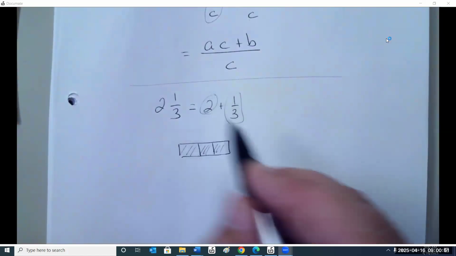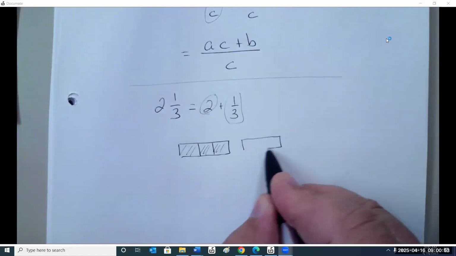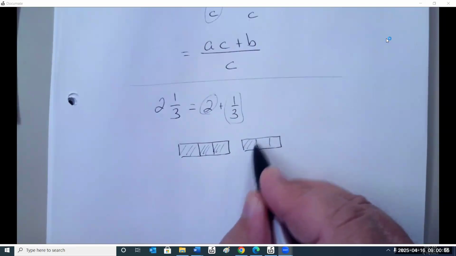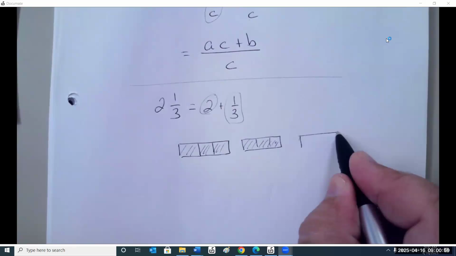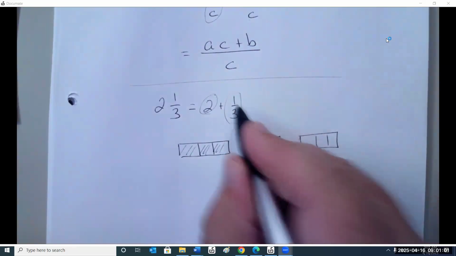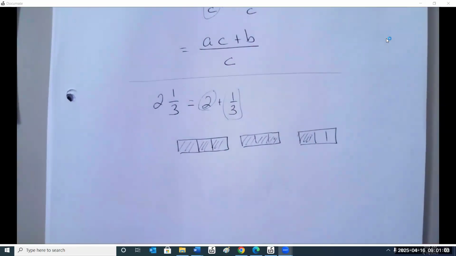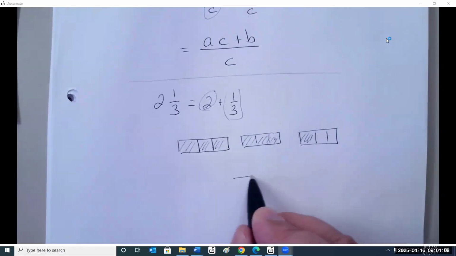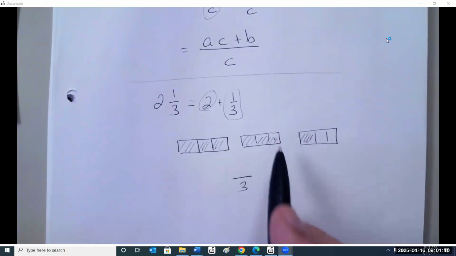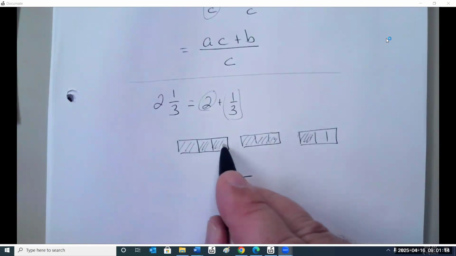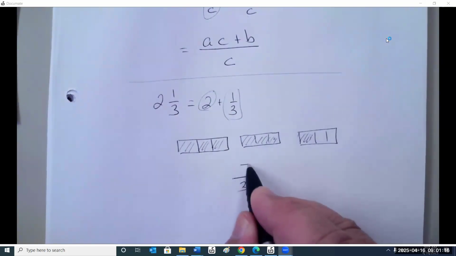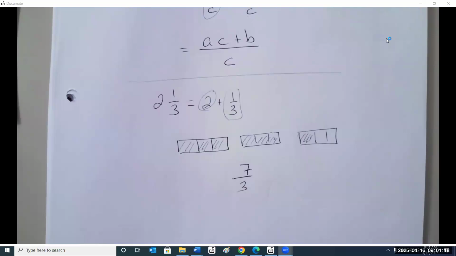But I have 2 of them that are full, and the last one only has 1. So since they're all in thirds, how many boxes are shaded? 1, 2, 3, 4, 5, 6, 7. So the answer is 7/3, the conversion.